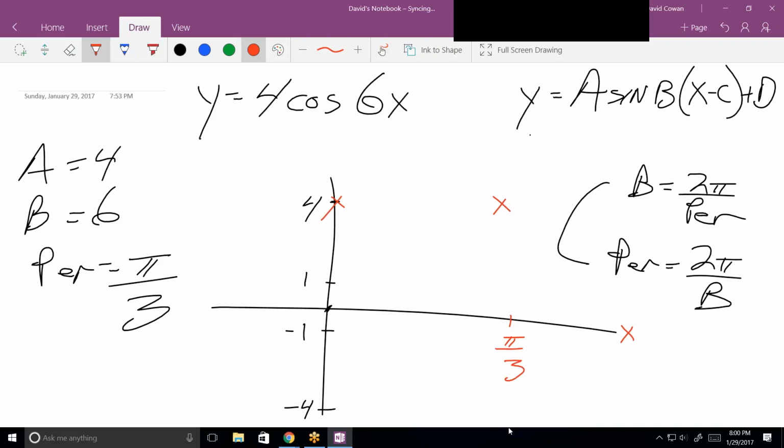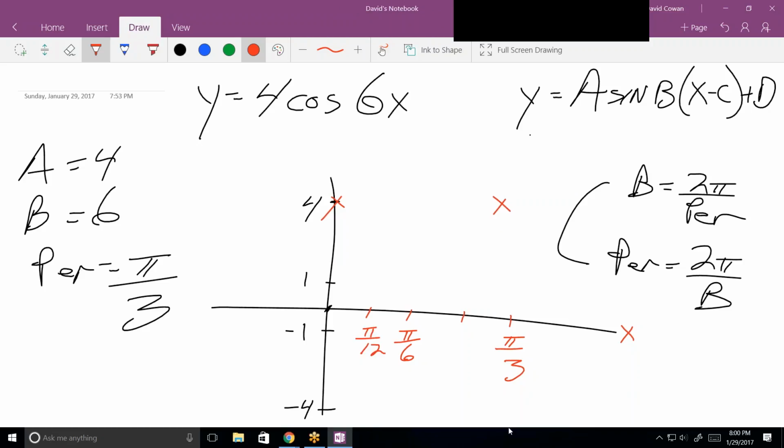Now, we have to quarter that up. What's this point? What's the middle point? Pi over 6. Correct. It's this point here on the left, pi over 12.